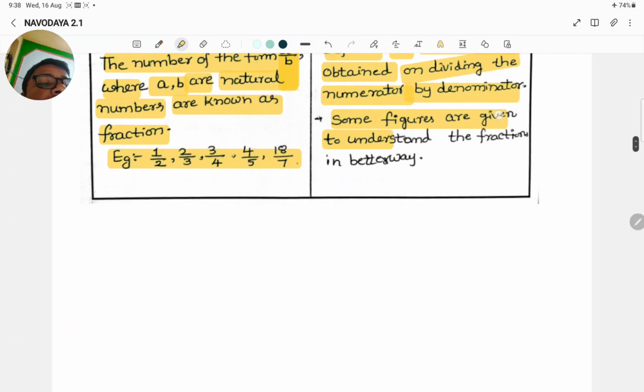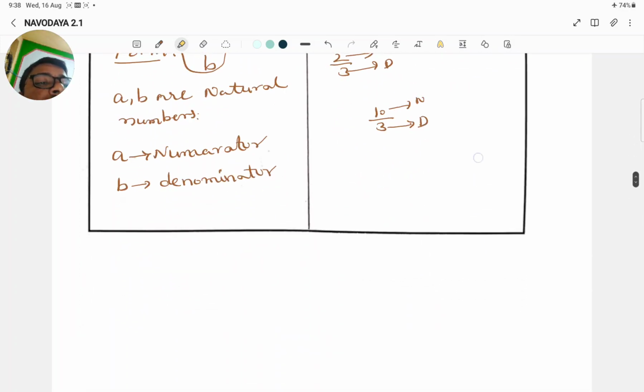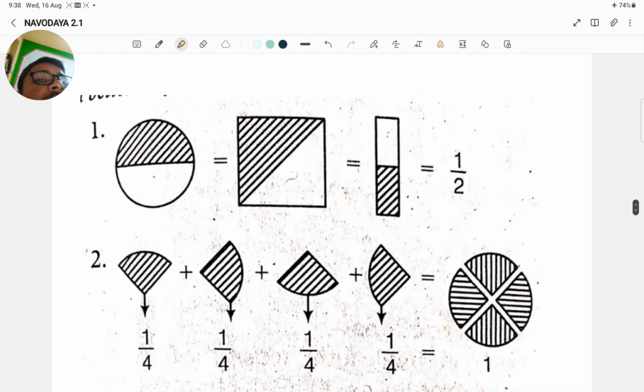See, some figures are there. Observe these two figures. Here there is one circle, and here one square or rectangle. This circle is divided into two equal parts.